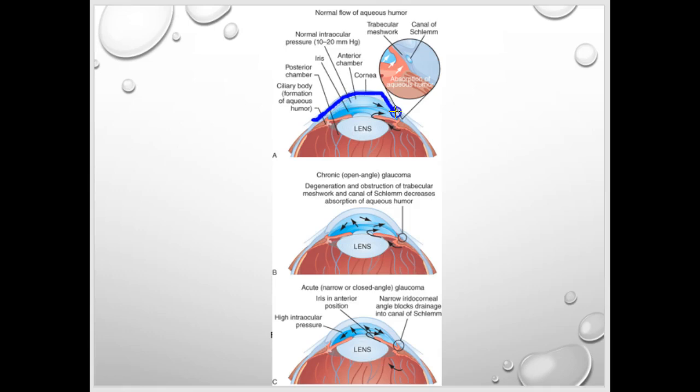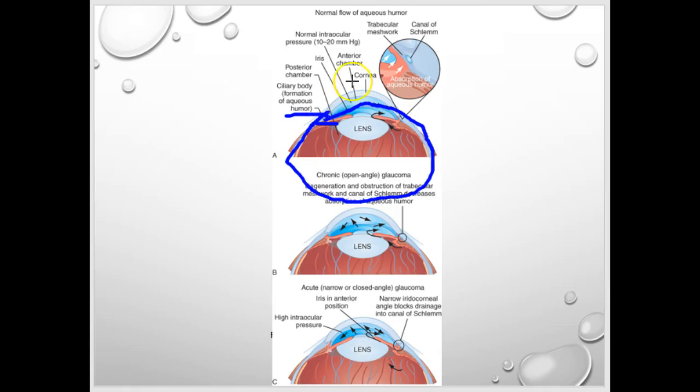Here's the cornea, here's your lens, and then the retina and whatnot are back here, okay? And right here is the ciliary body. This is where aqueous humor is created. And then the aqueous humor goes through the whole anterior and posterior segments of the eye.